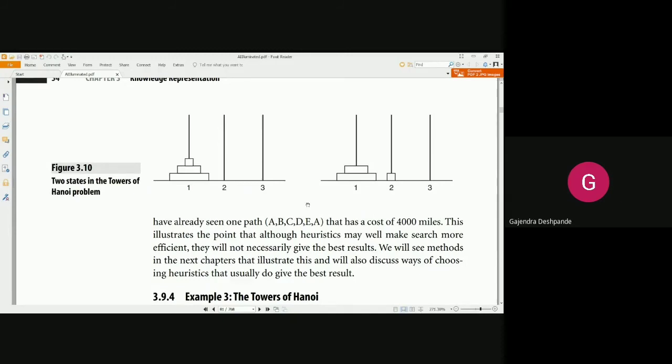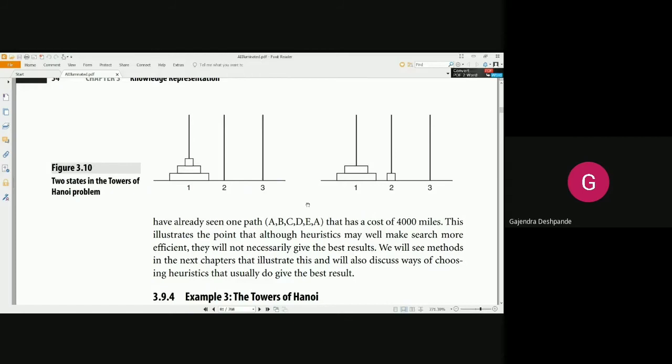Now it is said that the world will end when Lord Brahma's assistants move all those 64 discs. So just imagine how much time it will take to move just 64 discs. It's a very complicated, very complex, very hard problem to solve. Just to move 64 discs from one pole to another pole, it is taking millions of years.